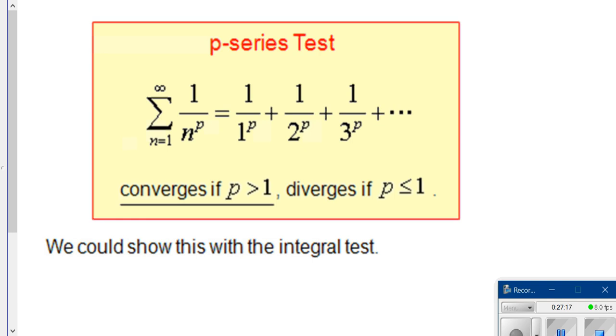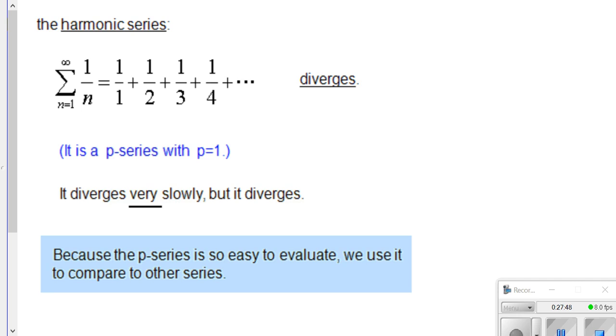So if I have a p-value or a power that is less than or equal to 1, so 1 is a harmonic series, smaller than that is going to cause divergence. Bigger than that is going to cause convergence. And this test is so sweet because really all you have to say is this is a p-series, p is equal to blank, which puts it either in the convergent category or the divergent category. And I have a note next to this in the notes packet that just mentions how the harmonic series is the turning point in the p-series scope of problems with p equal to 1.